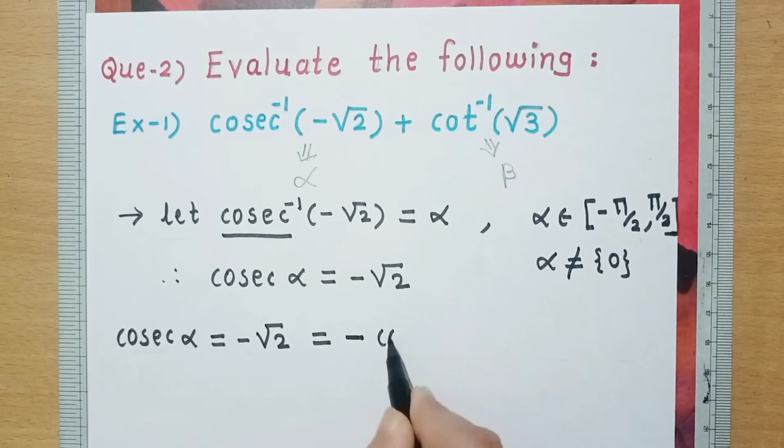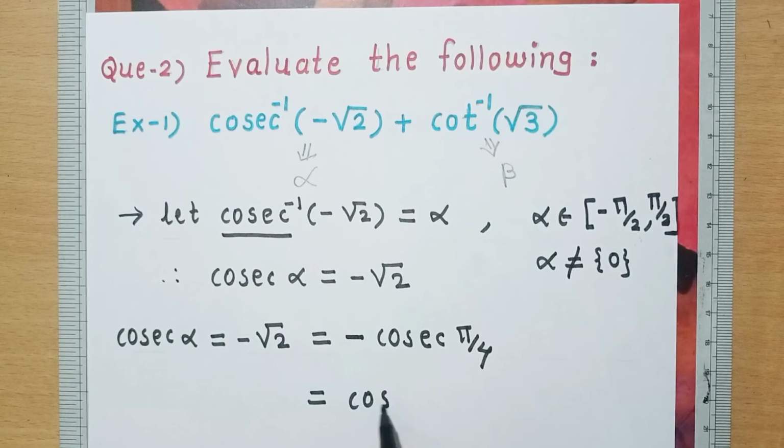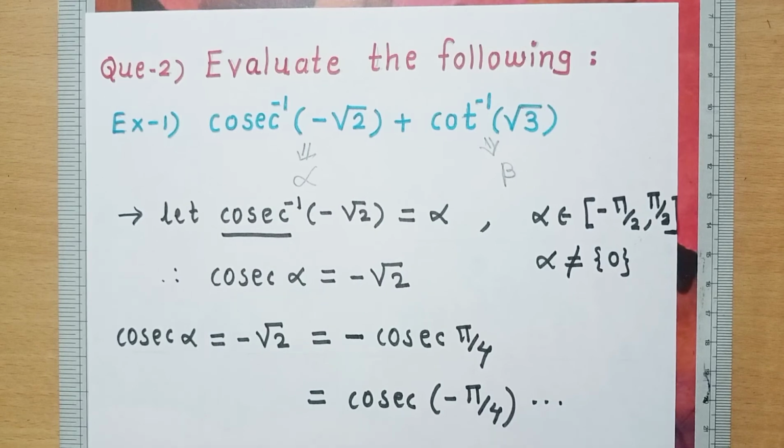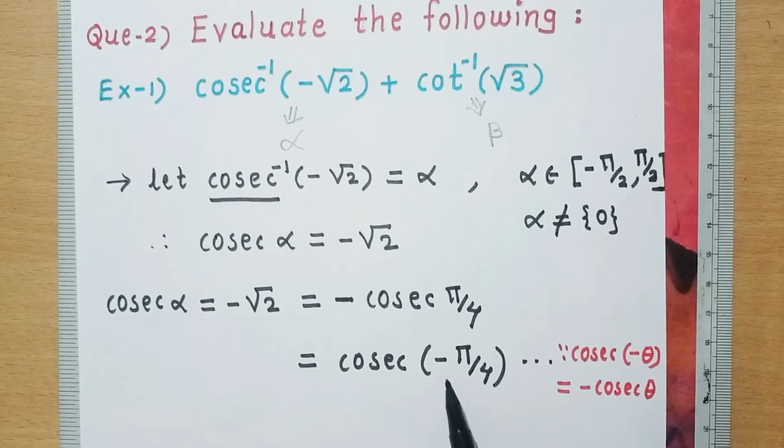So here I am writing cosec of pi by 4, and again this is cosec of minus pi by 4. I am writing here cosec of minus theta equals minus cosec theta. Now check again.